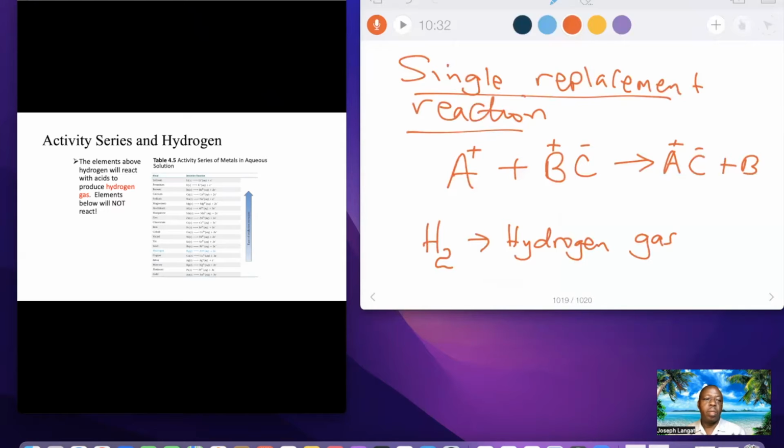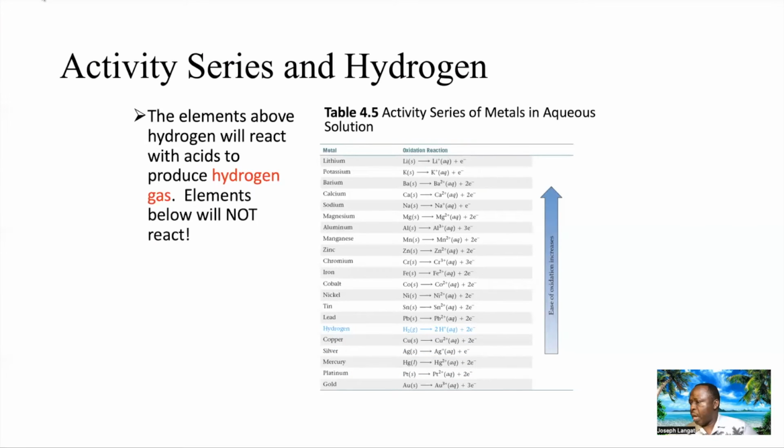So elements above hydrogen will react with acid to produce hydrogen gas. What does this mean? Let's say we have an element above hydrogen, such as iron here.